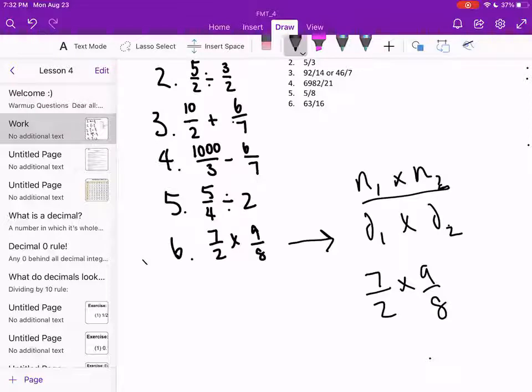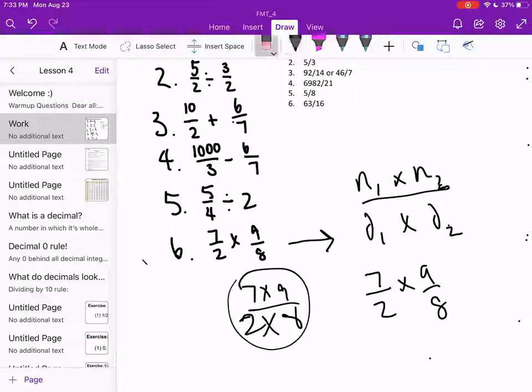7 times 9. Okay, that's the first part. Then what do I do now? Then you do 2 times 8. There we go. Good job. Now where do I go from there? I'm guessing you gotta figure out what it equals.